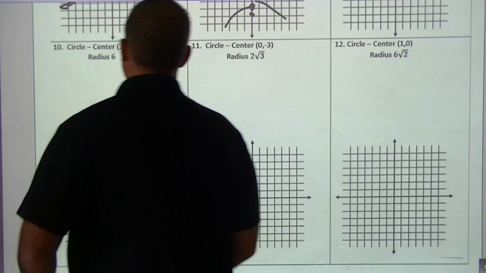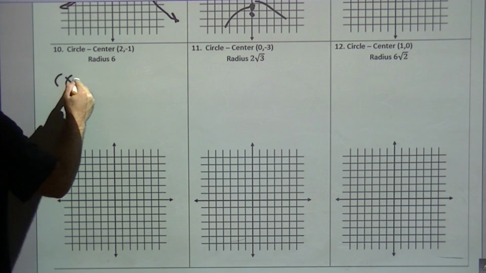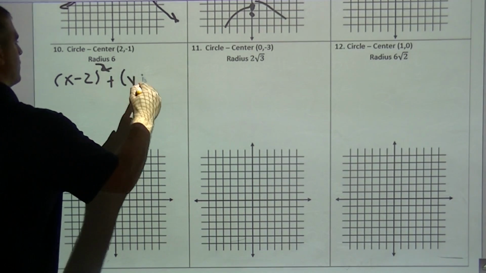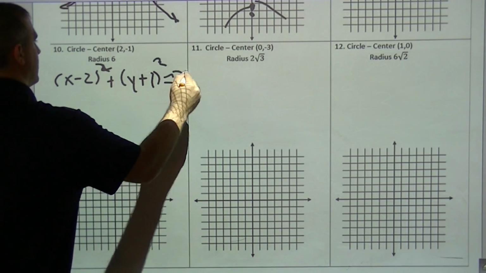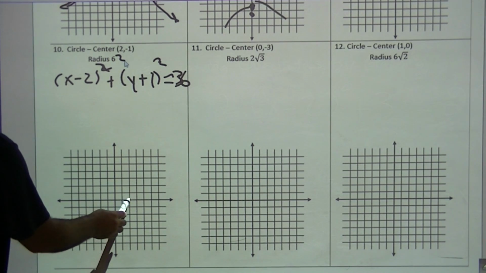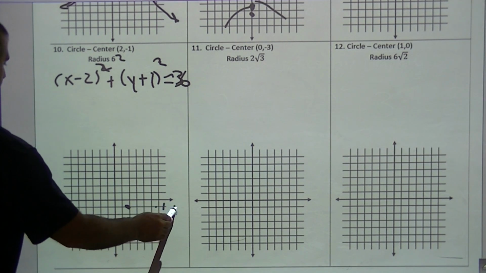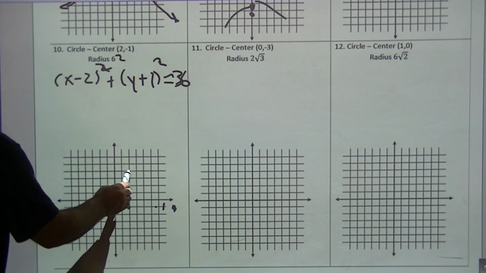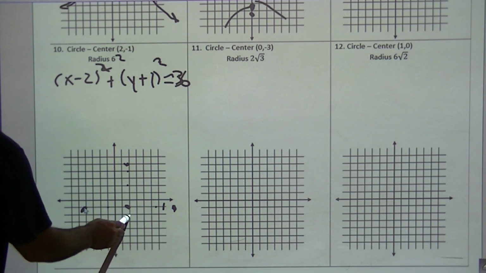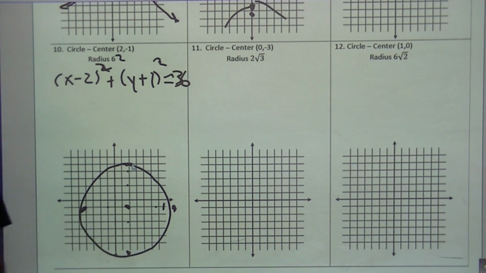Moving on to this one, the center would give x minus 2 squared plus y plus 1 squared equals 36, because I'm squaring that. So 2 right, down 1, 6 each way: 1, 2, 3, 4, 5, and 6, in each direction. So the circle goes around like that.